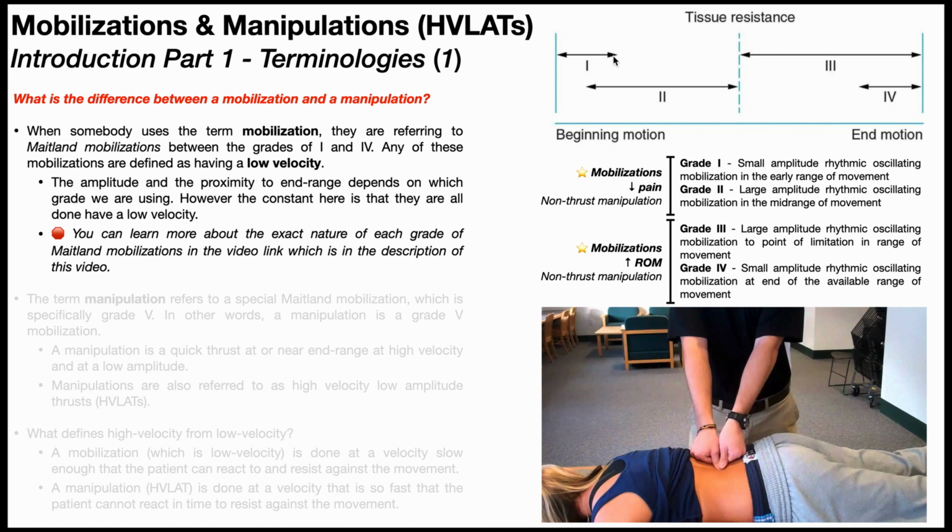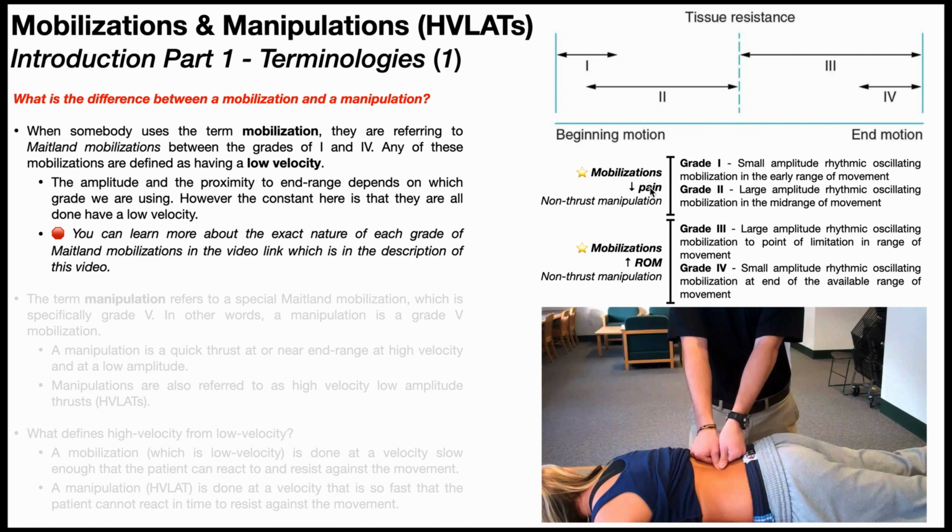Grade 2 mobilizations are large amplitude rhythmic oscillating mobilizations in the mid-range of movement, sinking a little bit into the tissue and going just up to tissue resistance. Collectively, grades 1 and 2 are normally used for reducing pain.